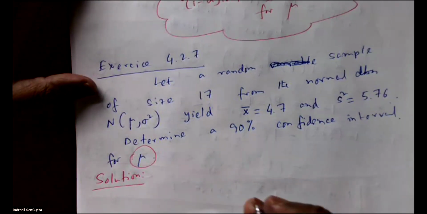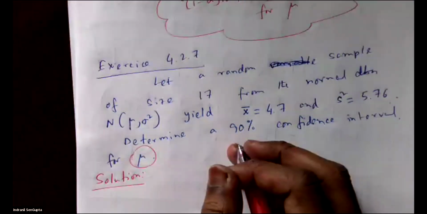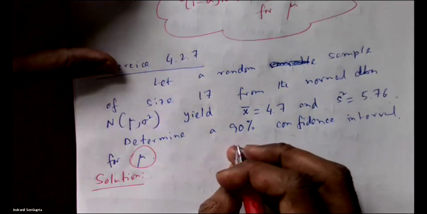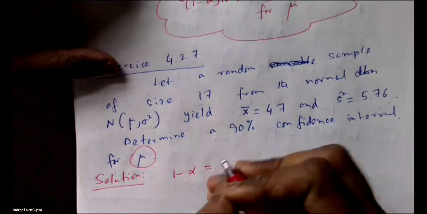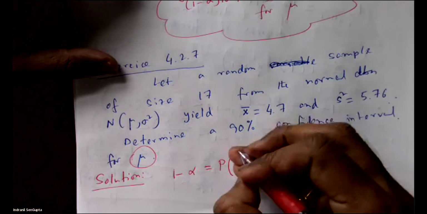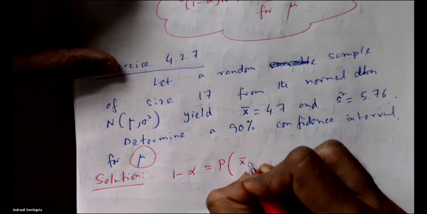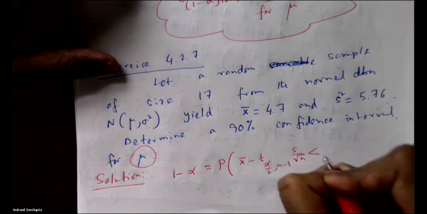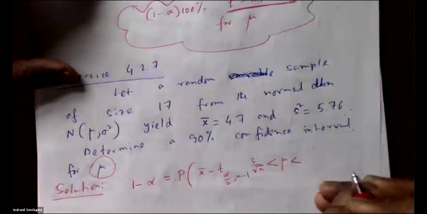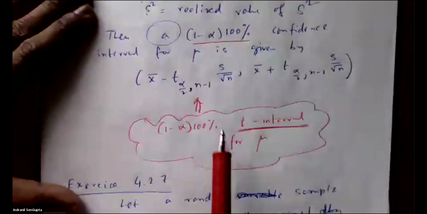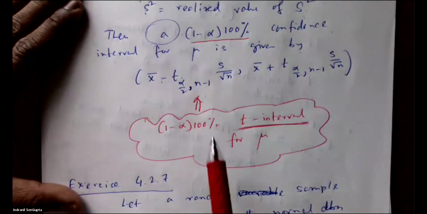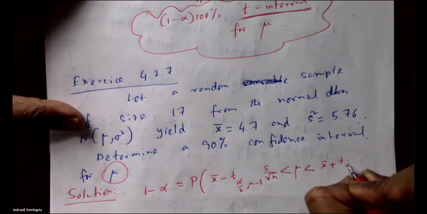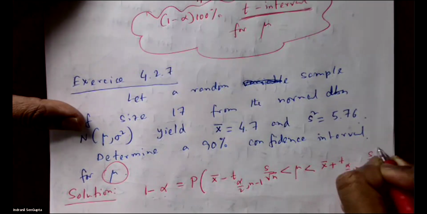Let me rewrite the last expression so that you can see it better. 1 minus alpha is the probability, based on the sample, that x bar minus t of alpha over 2, n minus 1, times s over square root of n is less than mu, less than x bar plus t of alpha over 2, n minus 1, times s over square root of n.